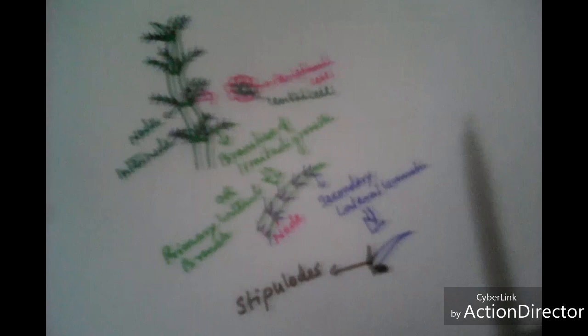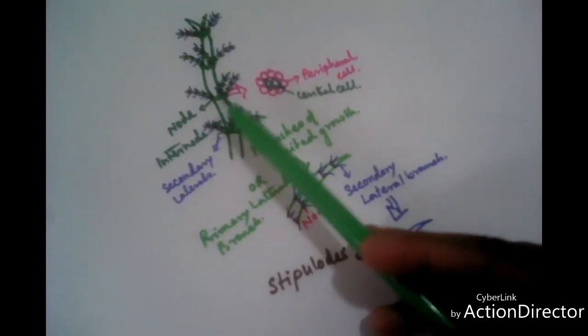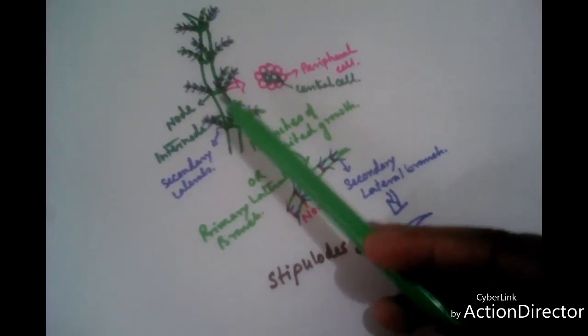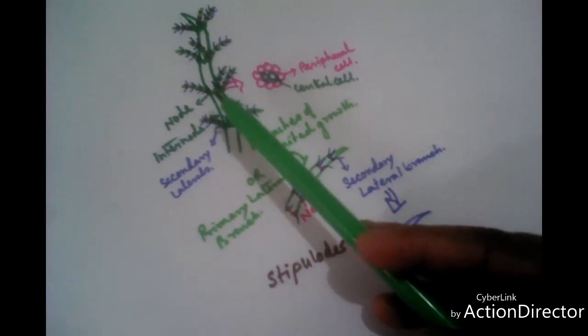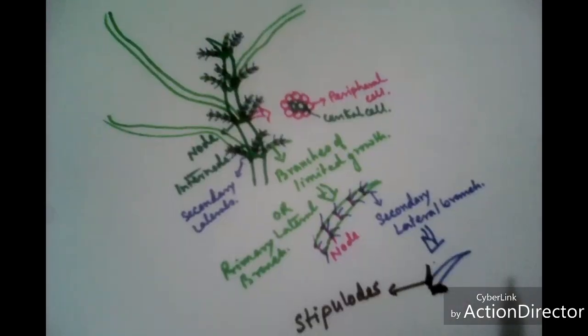Now, from the axil of branches of limited growth, or primary laterals, branches of unlimited growth arise. So, these are branches of unlimited growth.